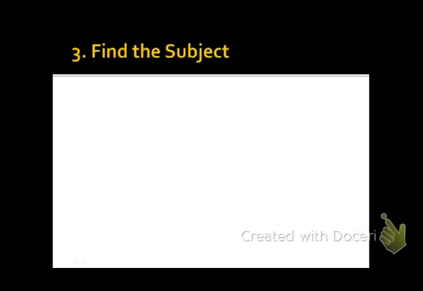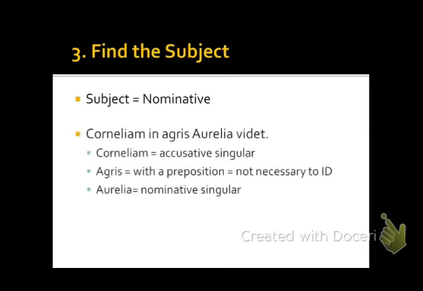So for our third step, finding the subject. You find the subject, you identify it, because it's in the nominative. The subject is always going to be in the nominative case. That is the purpose of the nominative case, is that it tells you that that word is the subject. So, in our sentence, if you remember, we have an accusative, we have a preposition, and then we have the nominative singular.